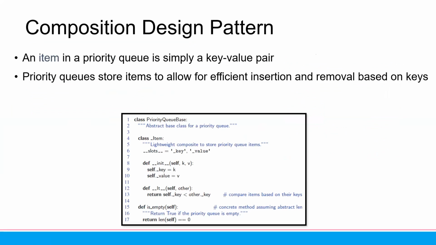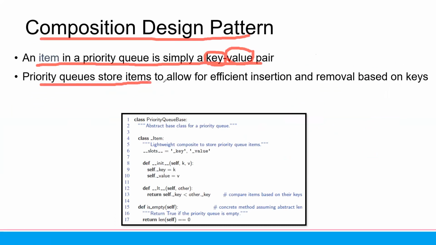We can see the pattern. We call this the composition design pattern. The item in the priority queue is simply a key-value pair. We have a key and we have a value. The priority queue stores items to allow for efficient insertion and removal based on keys.